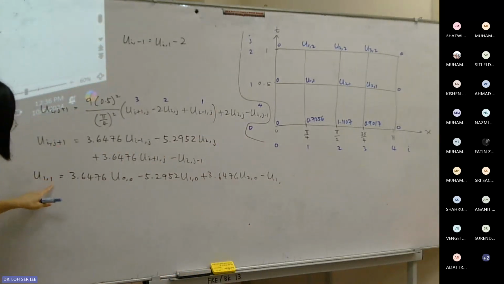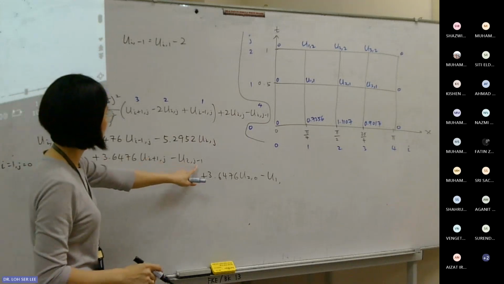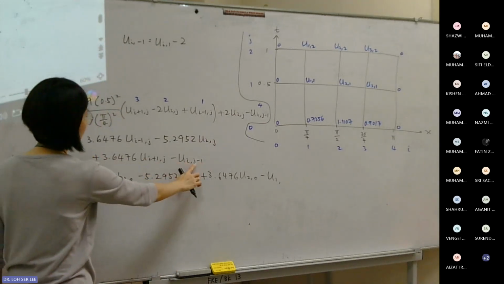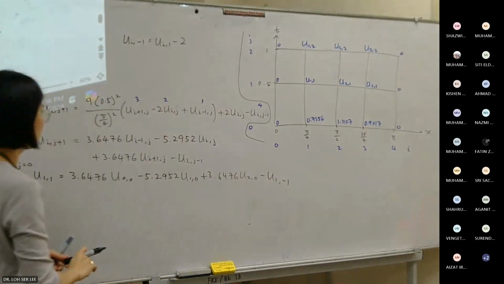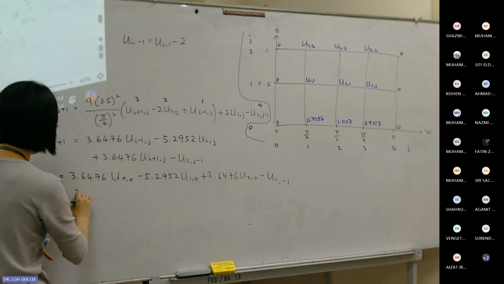This one, you compare this one. I is 1, J is 0. Okay, J is 0. So when J is 0, you have -1. So 1, -1. Then substitute the points.